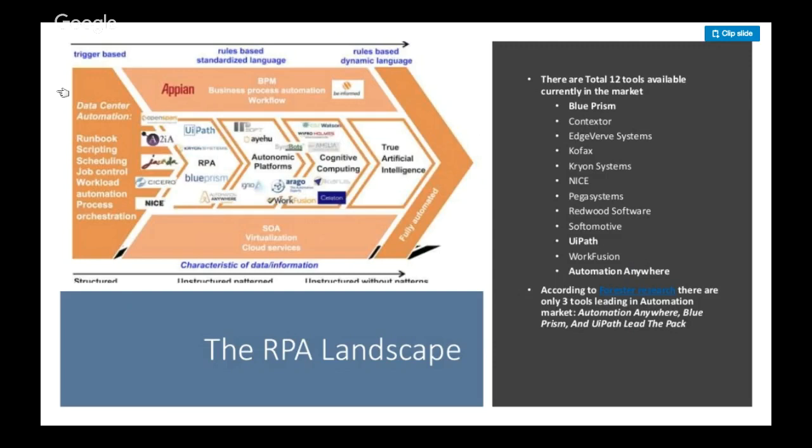But the topmost robotic process automation tools are Blue Prism, UiPath, and Automation Anywhere. According to Forrester research, these are the topmost tools being adopted by enterprises. Hence, if you are looking at exploring robotic process automation, you should be well versed in any of these tools.